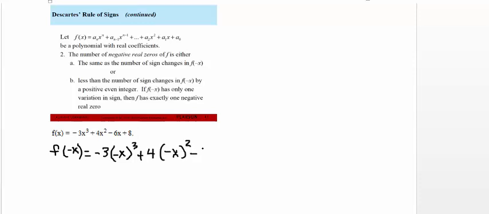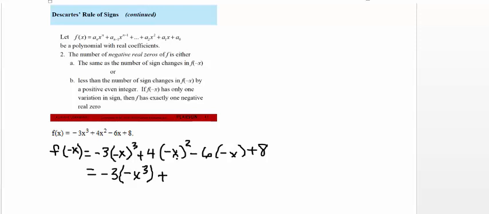We're going to look at the number of sign changes that result. So this will be negative 3. If we cube negative x, we're going to get negative x cubed. So we have an odd number applied to this negative, so that result is negative. And we're going to still have 3 factors of x and 1 negative sign.